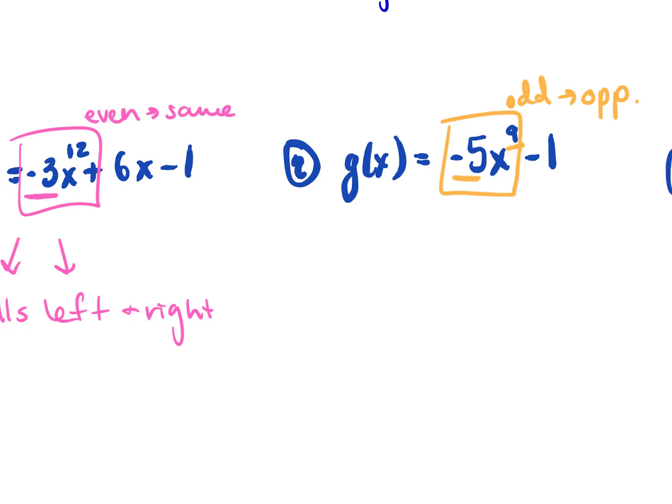So how's our graph going to start? What's the left arrow going to do? Rise. Left arrow goes up, the right arrow goes down. Since it's a negative leading coefficient, your overall slope of your line is going to be decreasing. So it starts going up, ends going down. So we would say rises left and falls right.